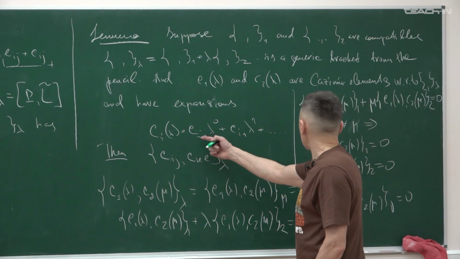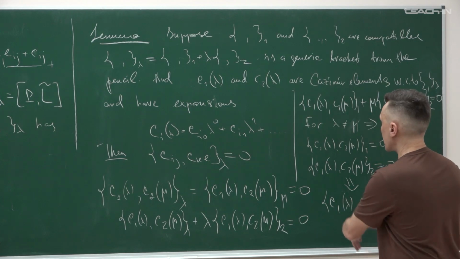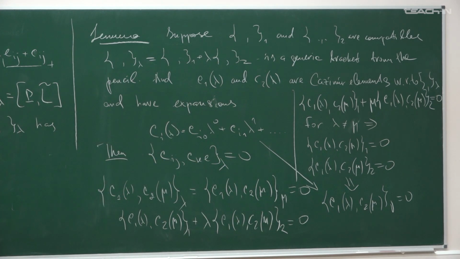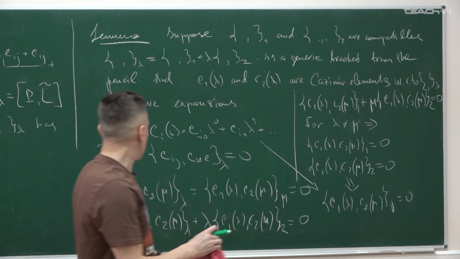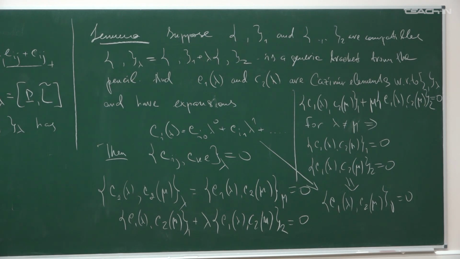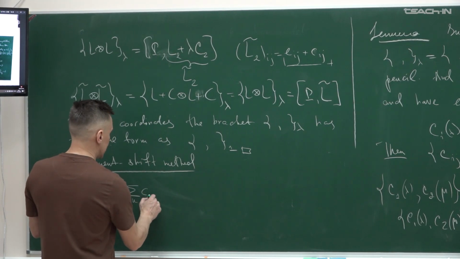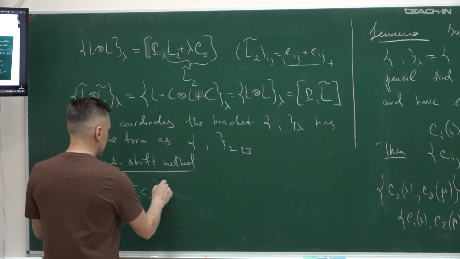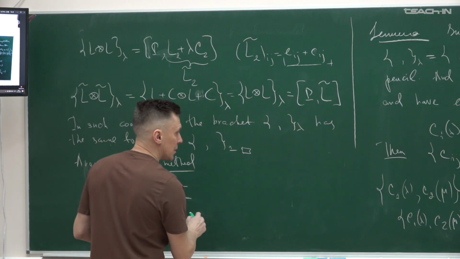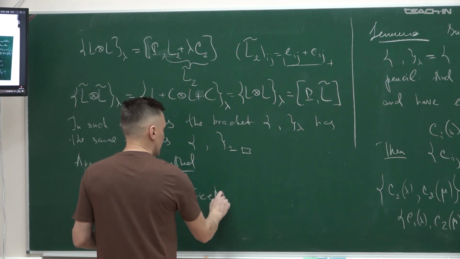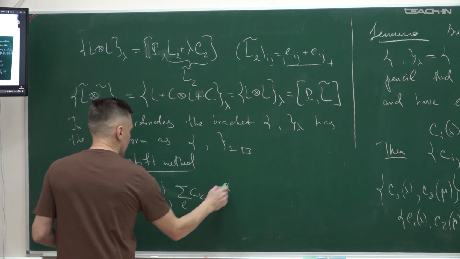And now we have to substitute this expansion into this formula. It is the sum over i, j of C_ij lambda^j, sum over k, l of C_kl mu^l.